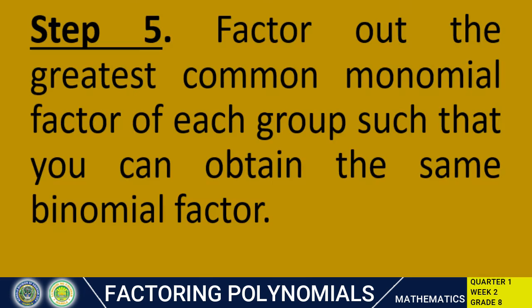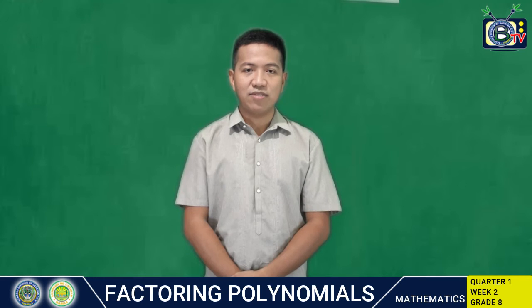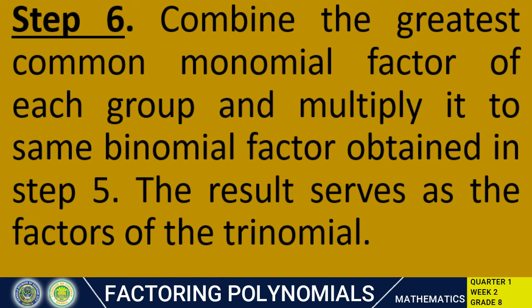Step 5. Factor out the greatest common monomial of each group such that you can obtain the same binomial factor. Step 6. Combine the greatest common monomial factor of each group and multiply it to the same binomial factor obtained in step 5. The result serves as the factors of the trinomial.